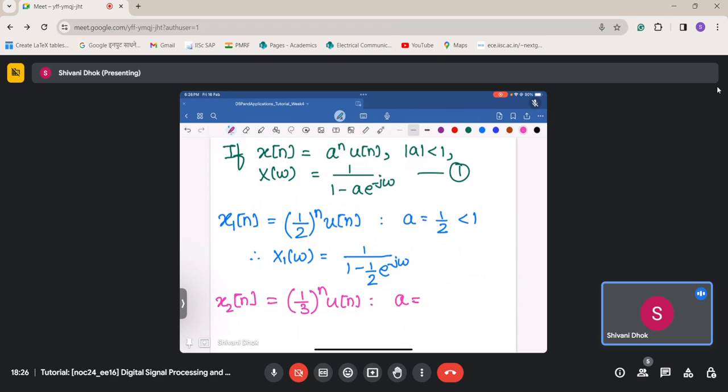Here a is 1 by 3, which is again less than 1. Therefore X2 of omega is 1 upon 1 minus (1/3) e^(-j omega). Is it clear till this point? Yes, ma'am. Okay.